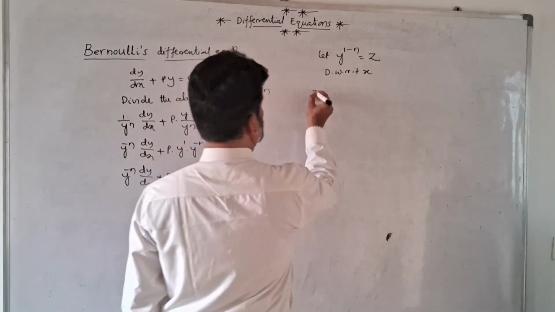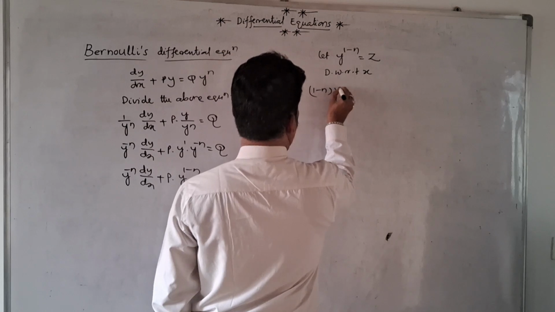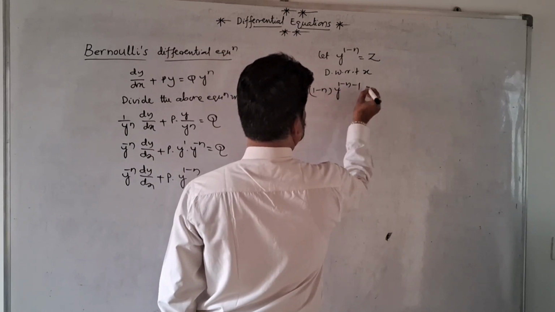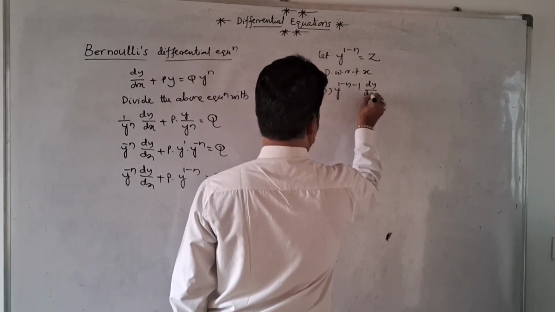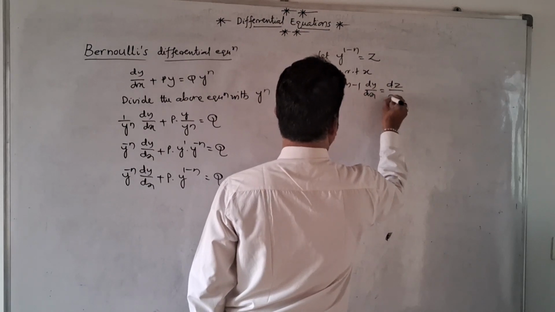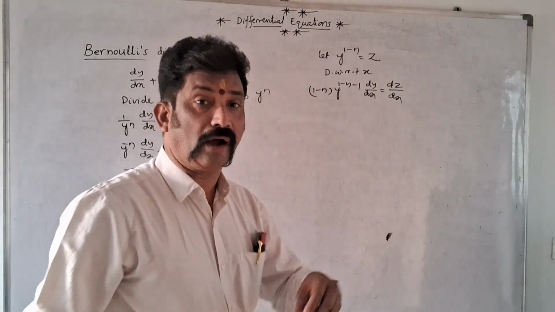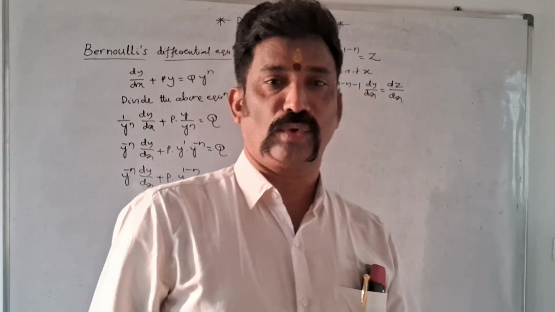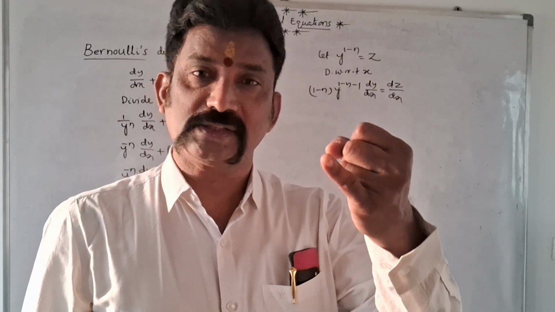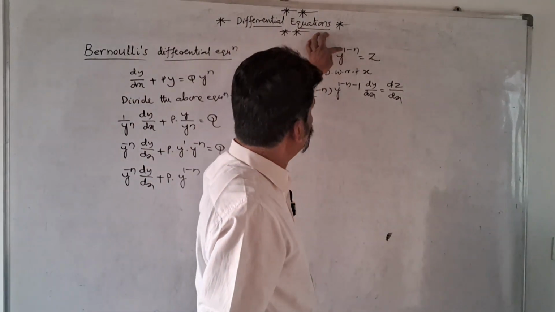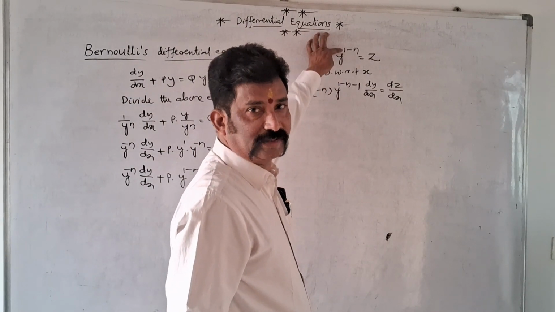So this implies 1 minus n into y power 1 minus n minus 1 into dy by dx is equal to dz by dx. You have to operate two differentiations: one externally, another one internally.